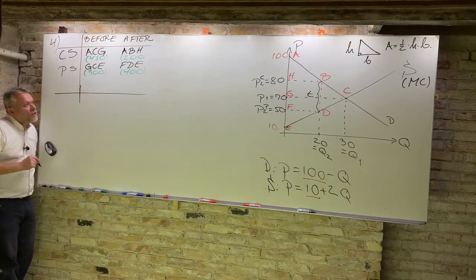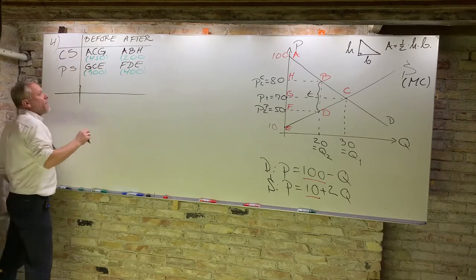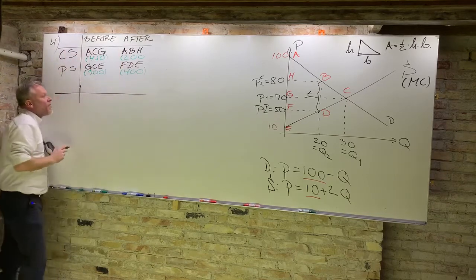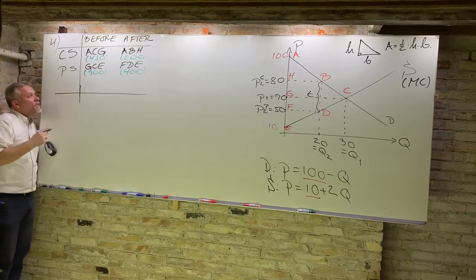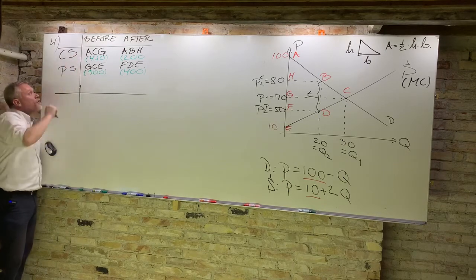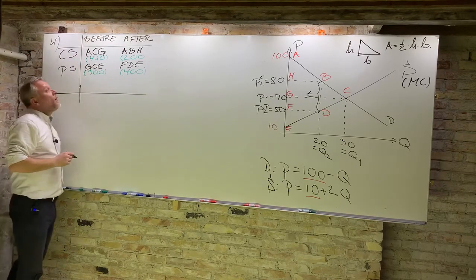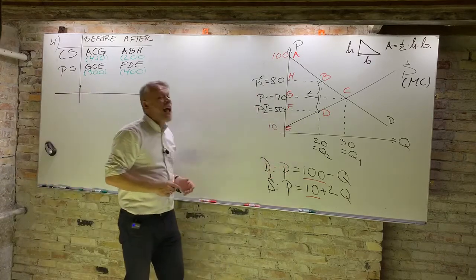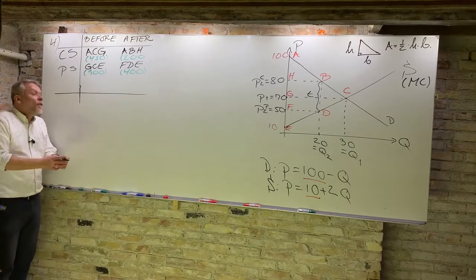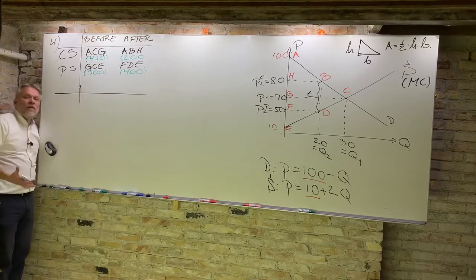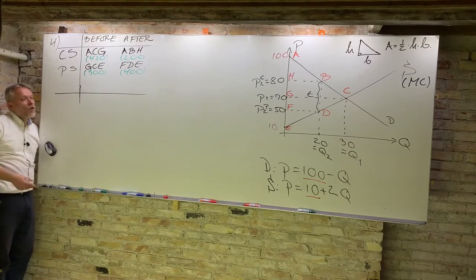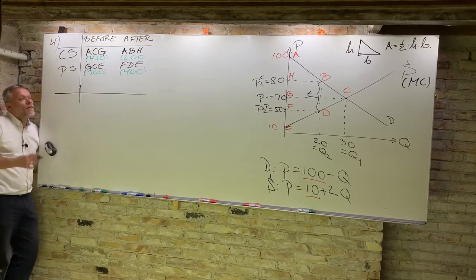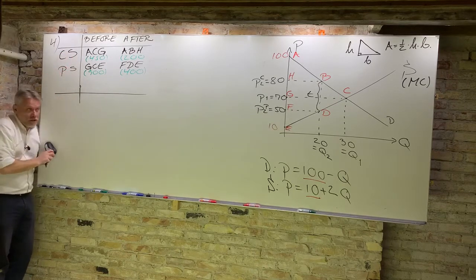Because what we're basically doing when we look at the consumer and the producer surplus before and after the imposition of the tax, and I don't mean doing the calculations because you're not always asked to do that, is looking at the welfare for all the parties involved in this market. And of course, in any market, you will always have consumers and producers involved. So we should always look at consumer and producer surpluses.